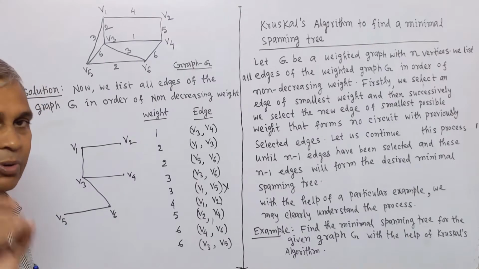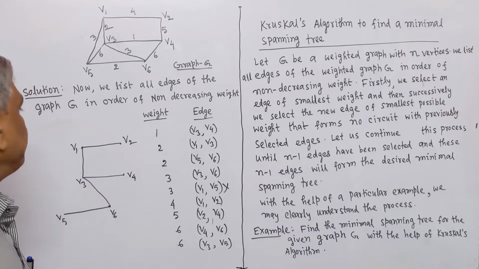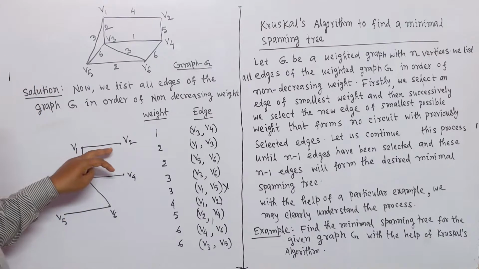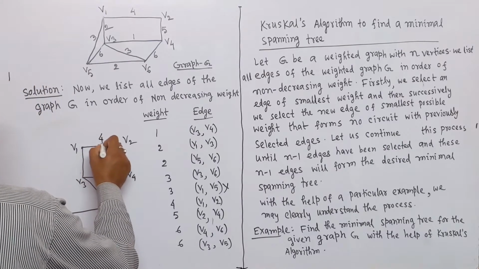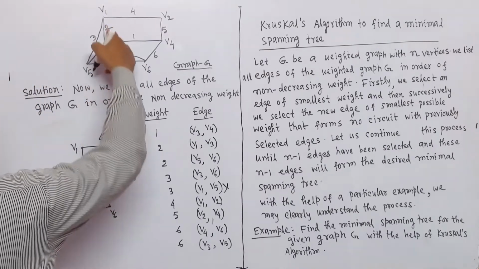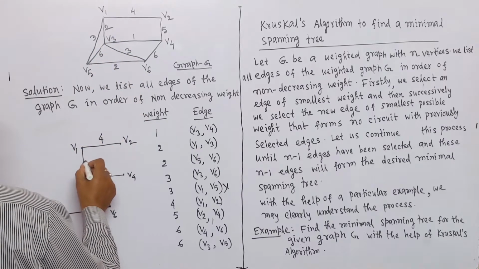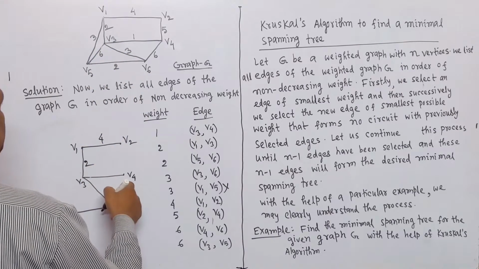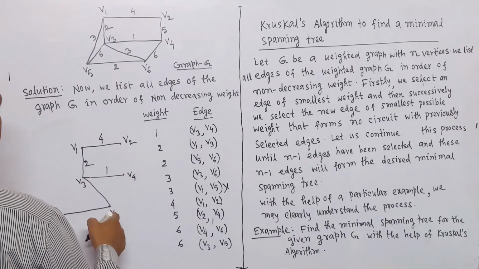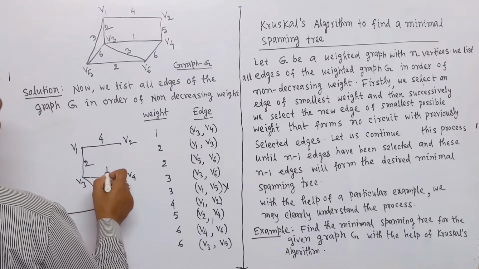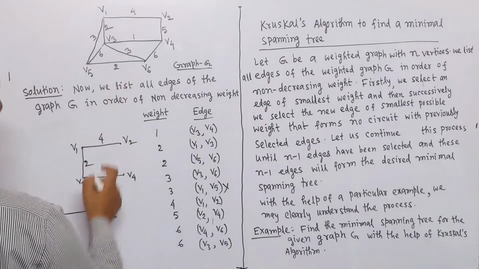We have to calculate the weight of this spanning tree. Weight of V1V2 is 4, weight of V1V3 is 2, weight of V3V4 is 1, weight of V3V6 is 3, weight of V5V6 is 2.